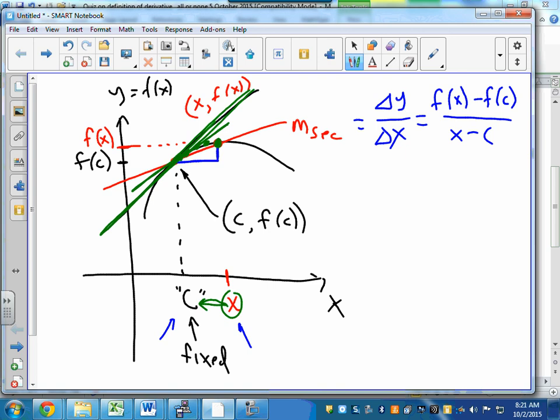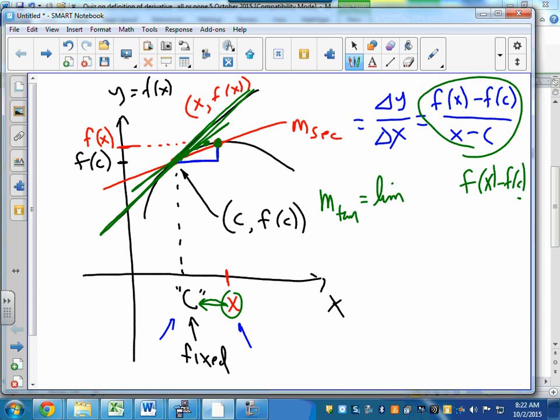So the slope of the tangent line, m tan, is in fact the limit of this thing right here. You just write that down, f of x minus f of c all over x minus c, but we're taking the limit as x gets close to c.